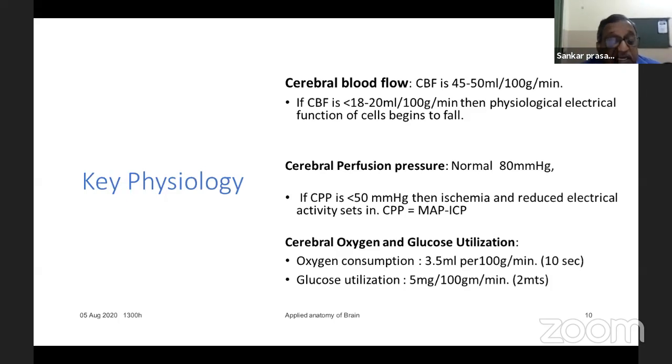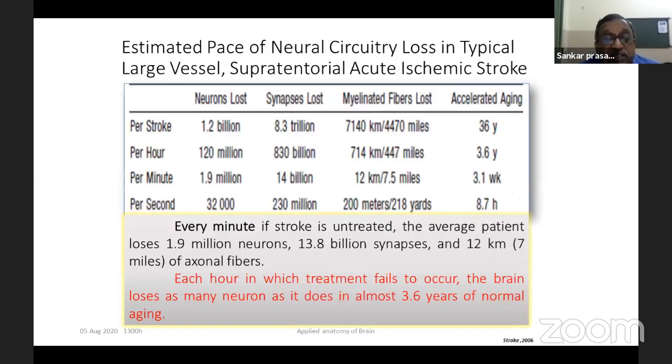Now you can understand why it's important: consider the neural circuitry lost in a large vessel acute ischemic stroke. In a typical stroke, 1.2 billion neurons are lost, 8.3 trillion synapses are lost, and the individual ages by 36 years, because 4,470 miles of myelinated fibers are lost.